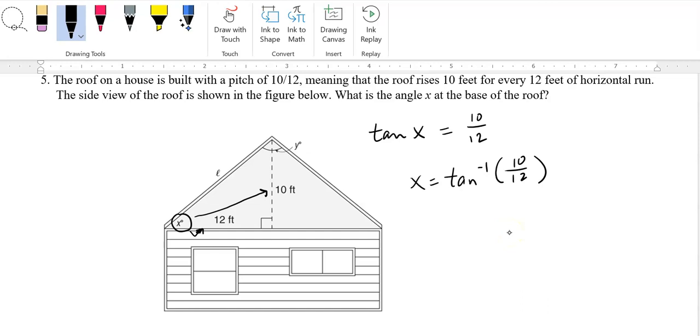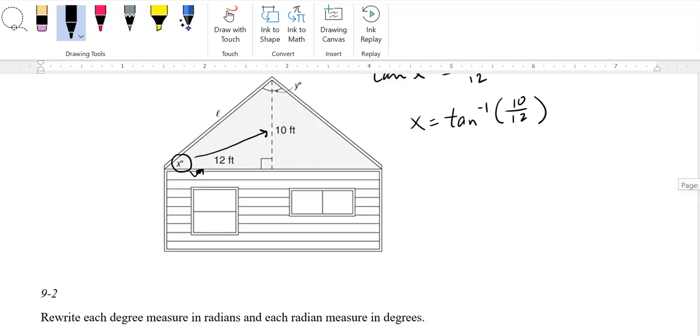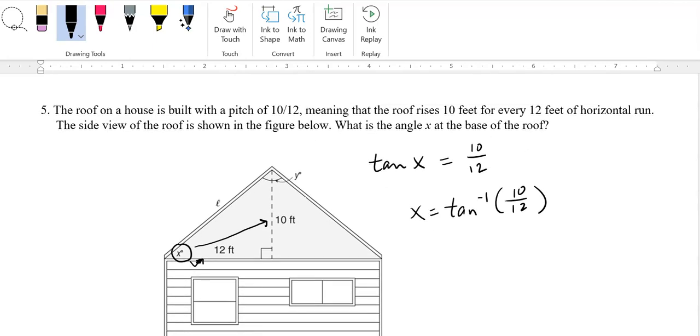Okay, and it doesn't say what to round to, but we'll just go ahead and do the nearest tenth here as well. So to the nearest tenth, it would be 39.8 degrees.